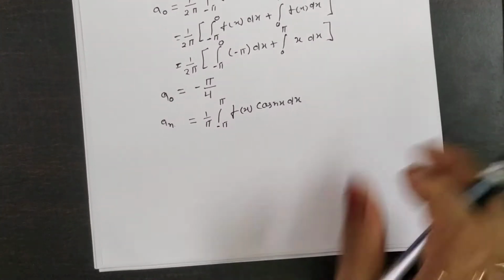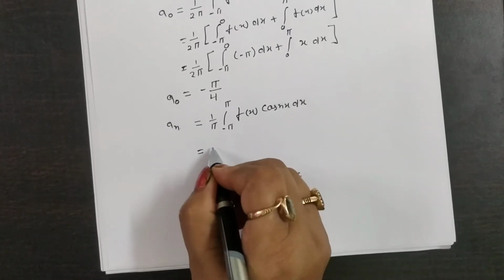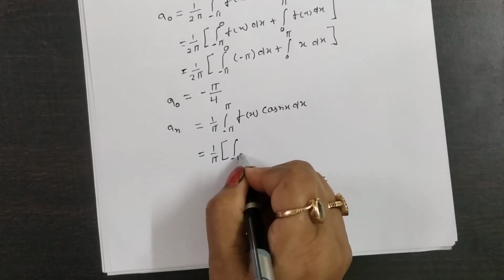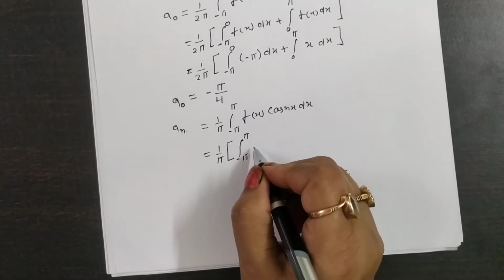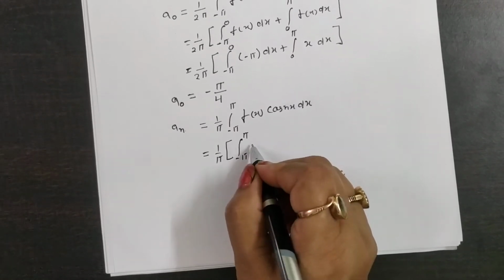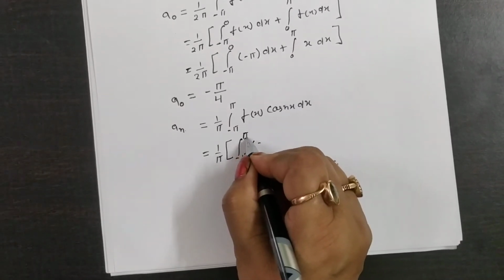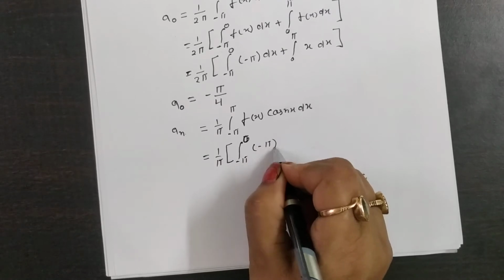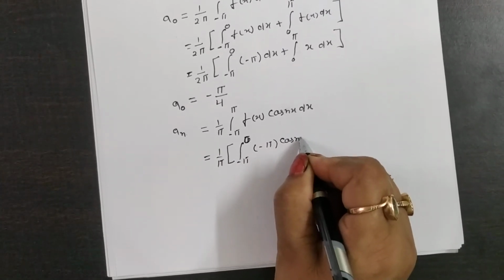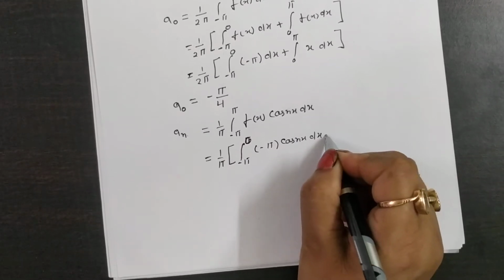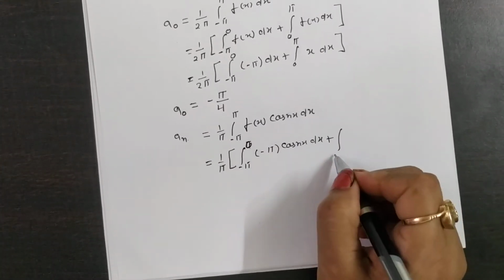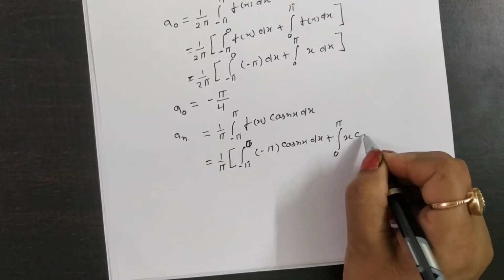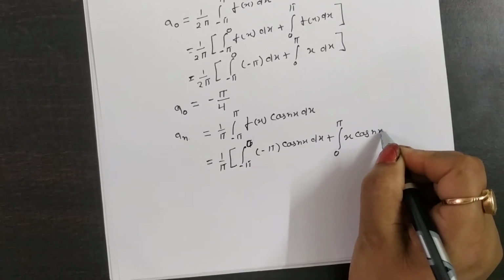So this can be written as 1 by pi, integral minus pi to 0 with f(x) equal to minus pi, of minus pi cos nx dx, plus integral 0 to pi, with f(x) equal to x, of x cos nx dx.